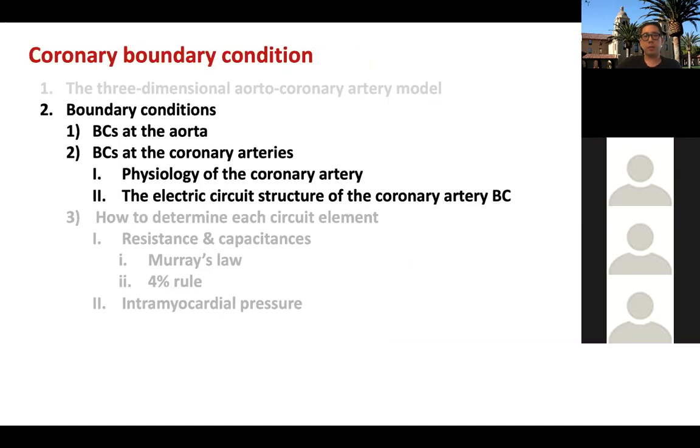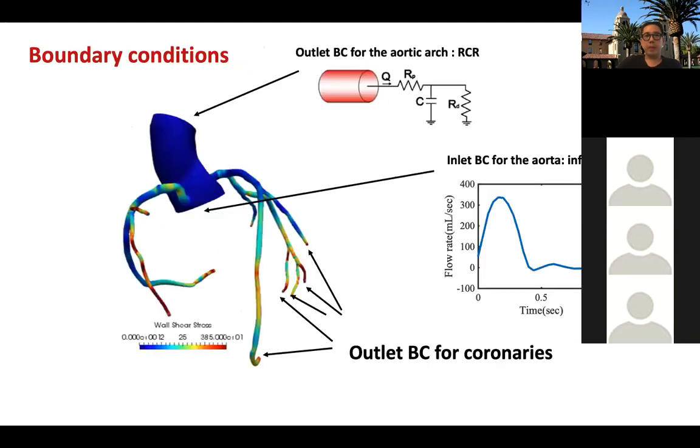So how do we assign boundary conditions on the aortal coronary model? Basically, at the inlet of the aorta, you can attach that to the 0D heart model as I showed before, or you can directly prescribe the flow condition at the aorta.